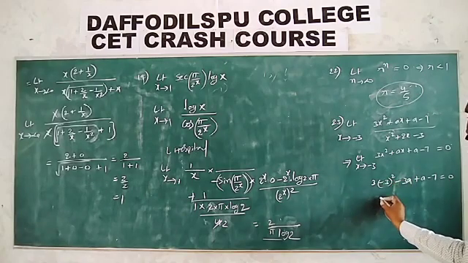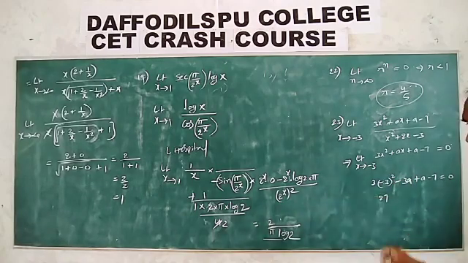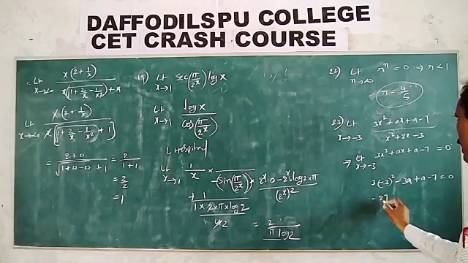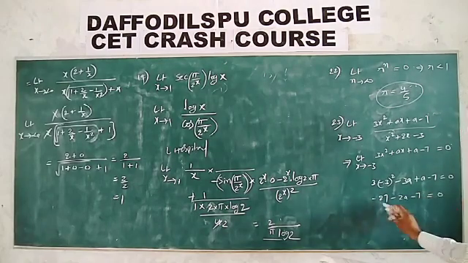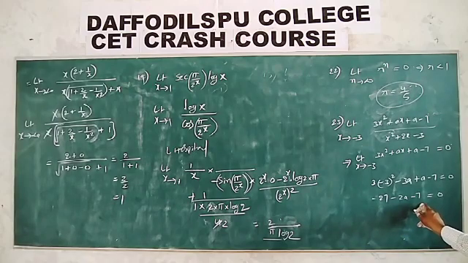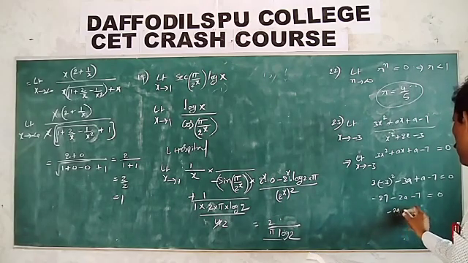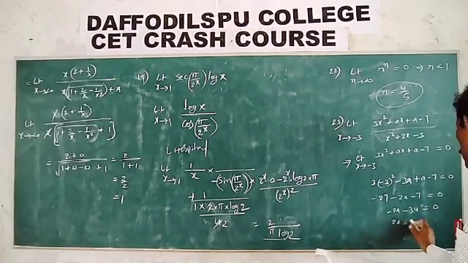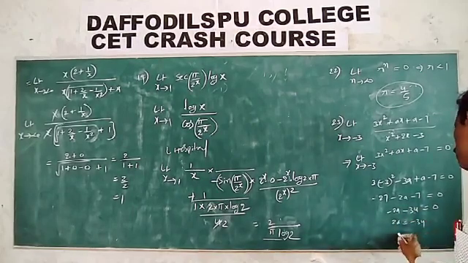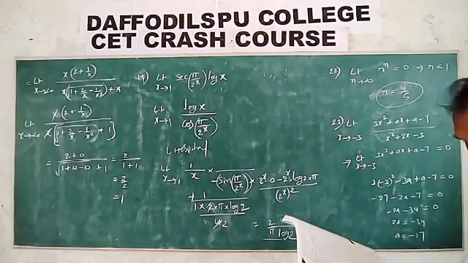So 9 3 is 27, minus 27 minus 2a minus 7 is equal to 0. 2a is equal to minus 34. A is equal to minus 17.